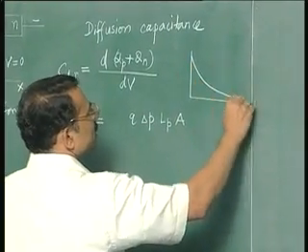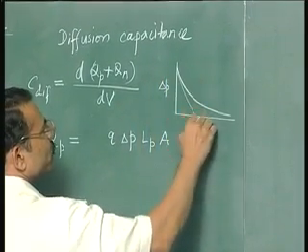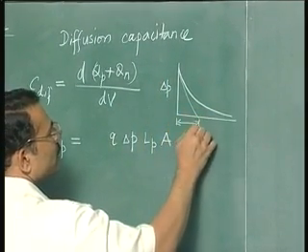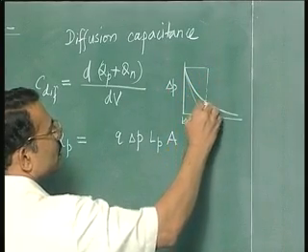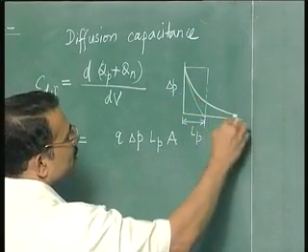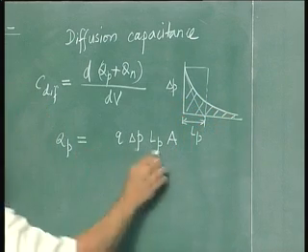This is your excess carrier distribution delta P, this is the diffusion length Lp, and you know that the area under this rectangle is the same as the area under this exponential. This is the area that we are interested in, that is what we have written down.